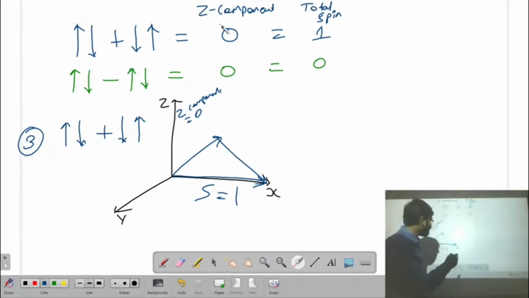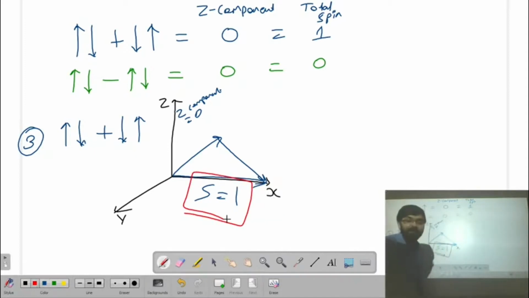But we have a resultant vector in another direction. Let us say that direction is X, and that is giving the value S is equal to 1.